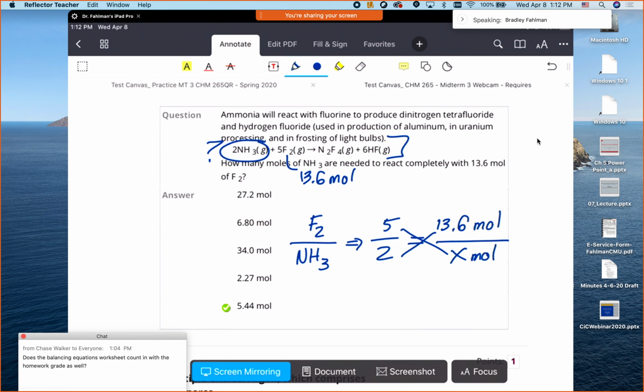Really you're just multiplying 13.6 by 2/5, or in other words, you're dividing by 5 and then multiplying by 2. Okay, so let me do that. So 13.6, hopefully it's that answer, is 5.44. Yeah, okay.